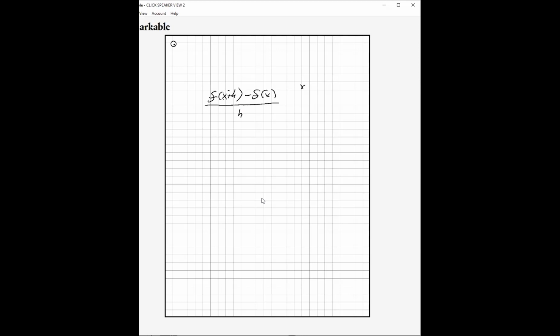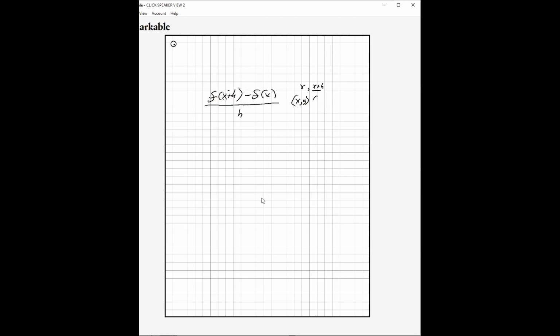You have 2 points, x and x plus h. These are 2 x values, and this one is h units away from x. And so f of x is y, so you have x and y, and then you have x plus h, and f of x plus h is the y value for that x.